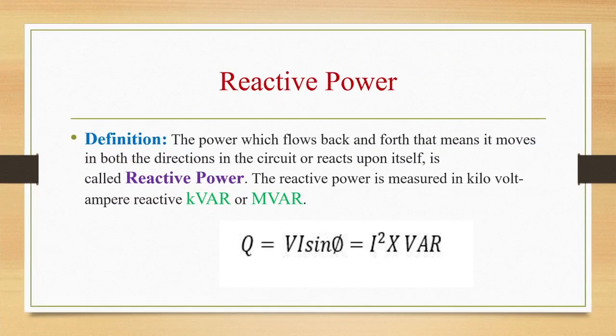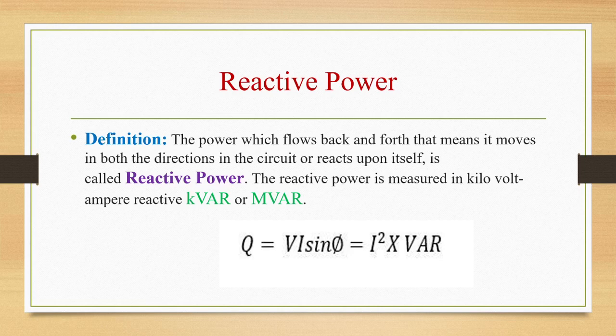What is reactive power? Let us see the definition. The power which flows back and forth, that means it will move in both the directions in the circuit or reacts upon itself, is called reactive power. Reactive power will be measured in kilovolt ampere reactive, that is kVAR or MVAR.